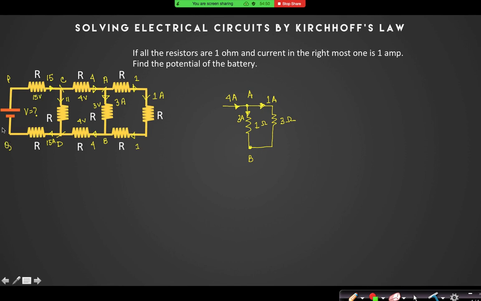Between D and Q? 15 volt. Between C and D? 11 volt. So what is the potential drop between P and Q? 41 volt. That should be the answer of this question.